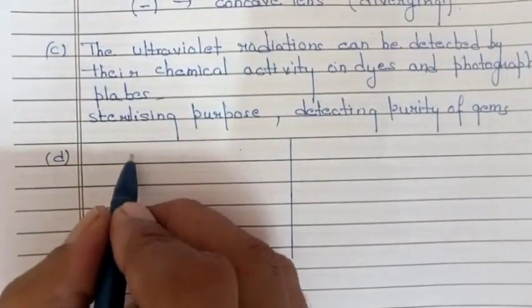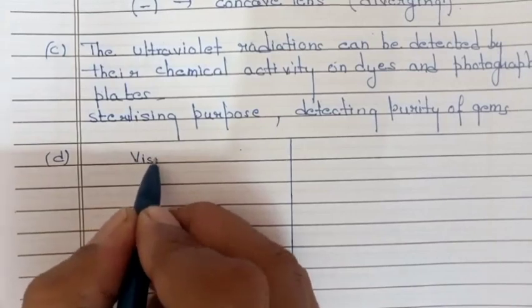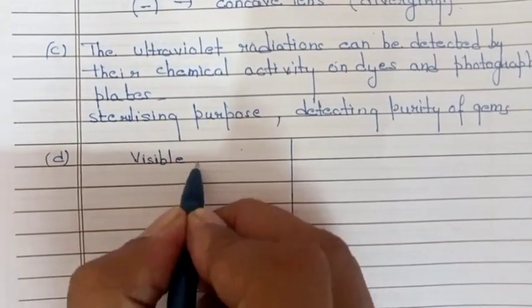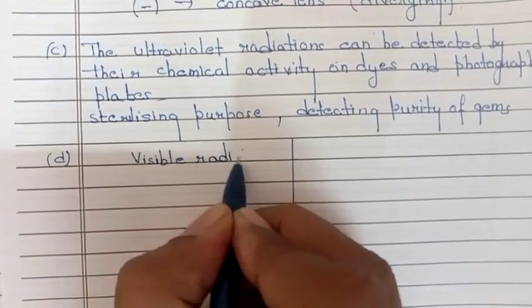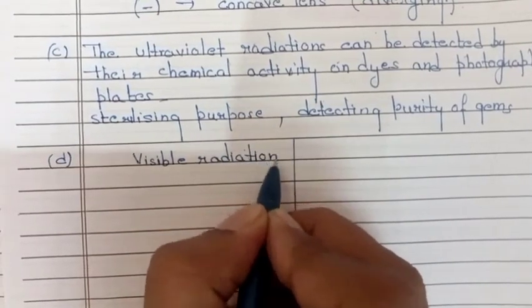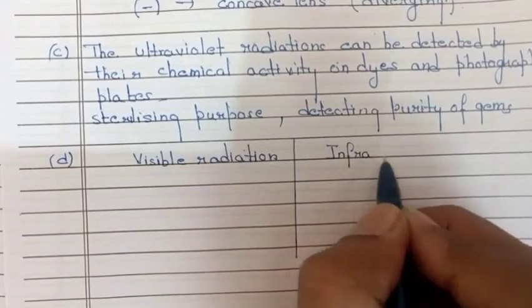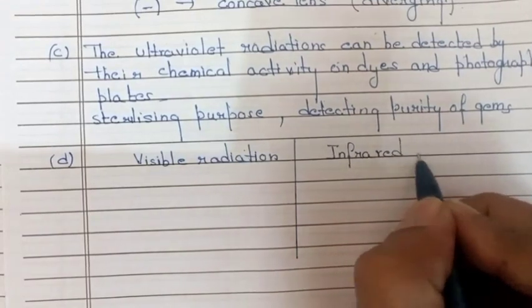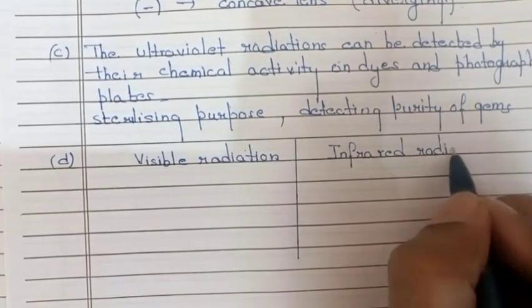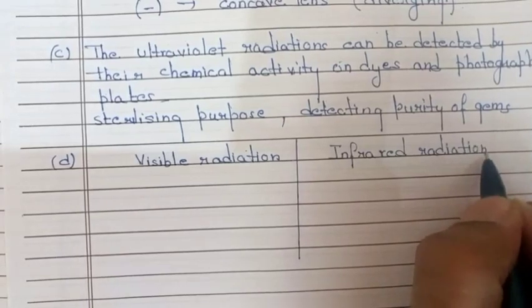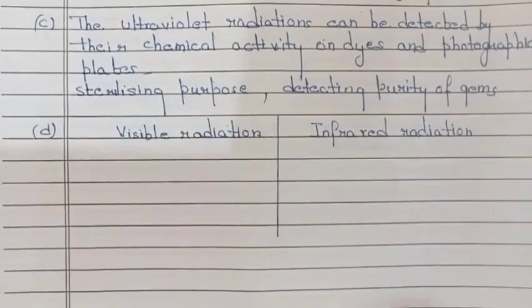First we can write for visible light. So visible radiations, that is visible light, and infrared. We have to give only two differences according to the question.